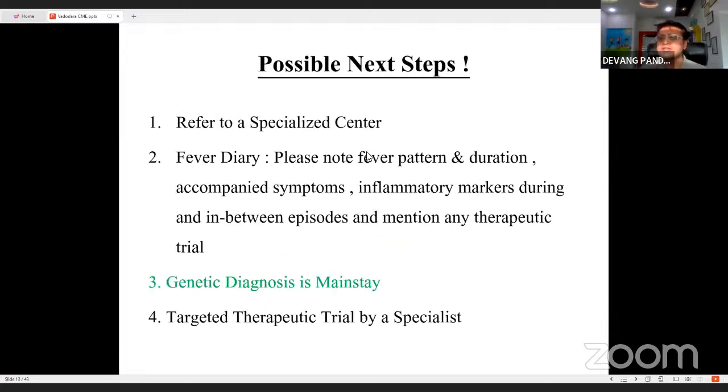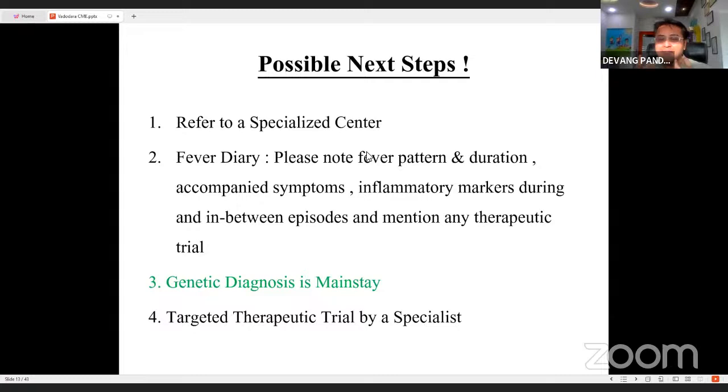Now, what would be the possible steps if you suspect this and find that ESR and CRP are raised? Then either, if you have the facility, refer to a specialized center, or you can maintain a fever diary, where you tell patients to please note the fever pattern and the duration, because duration is very important to differentiate this disorder. What are the accompanying symptoms?